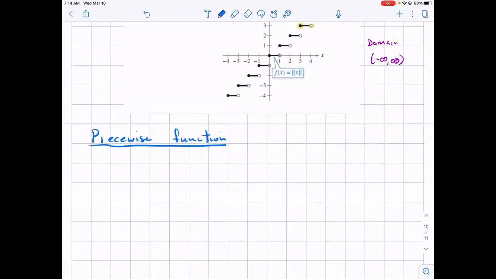A piecewise function is a function that's made up of different pieces of other functions.